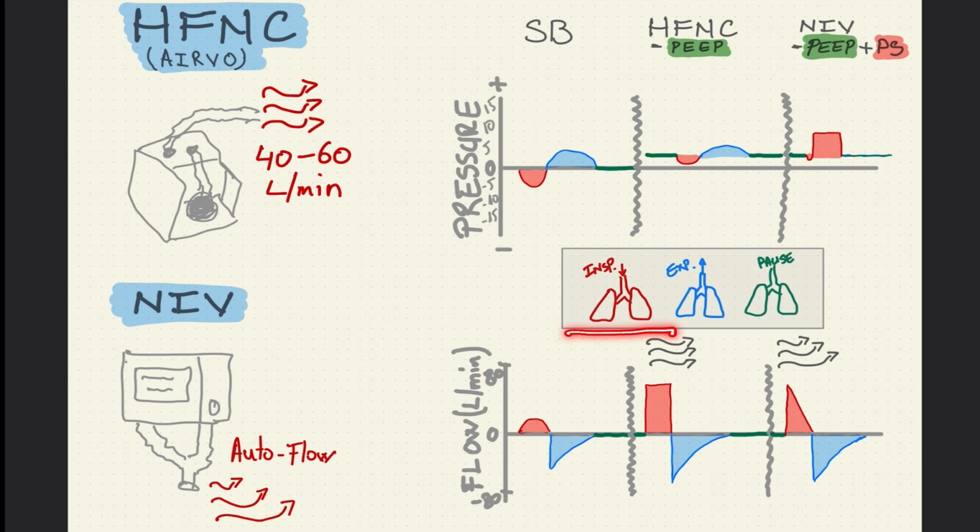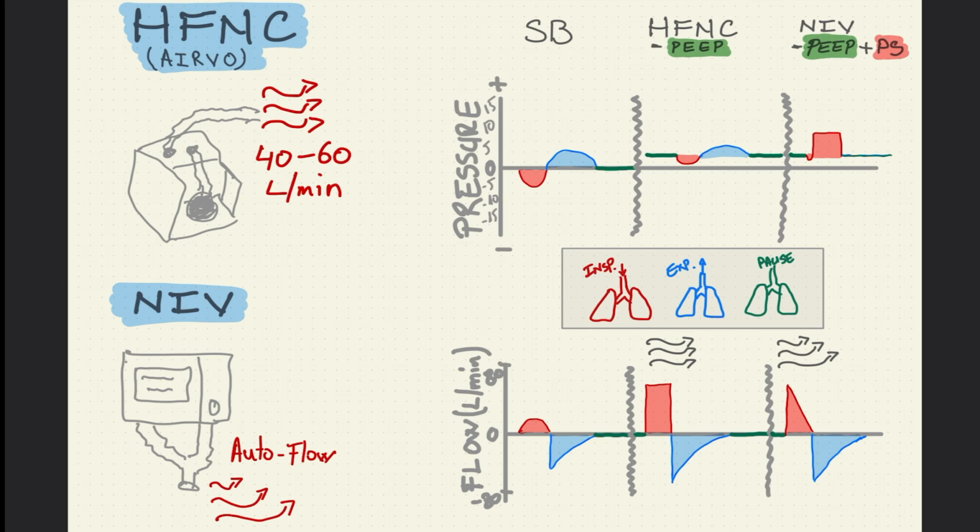So during inspiration, the flow is indicated with a positive value. During expiration, as the air moves out from the lung into the atmosphere, the flow is indicated with a negative value. When there is no flow, the value is 0.